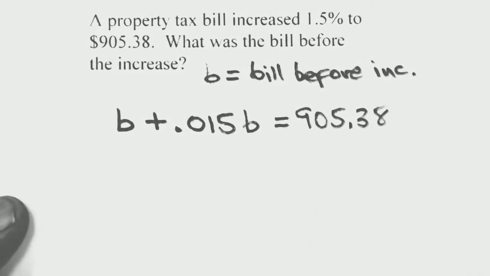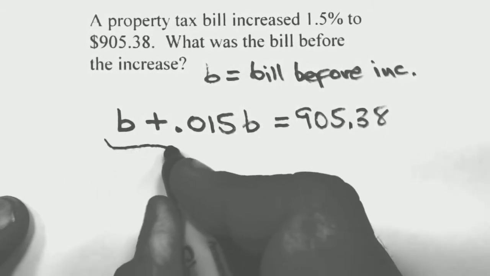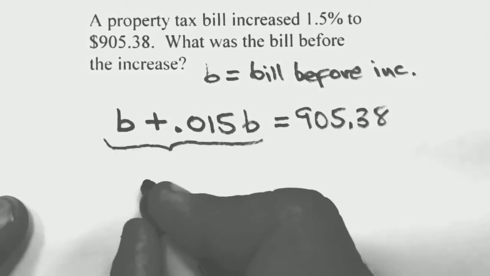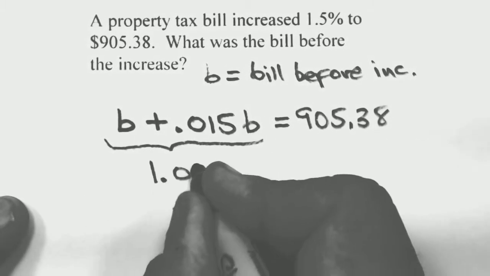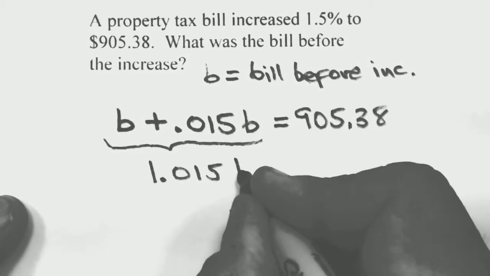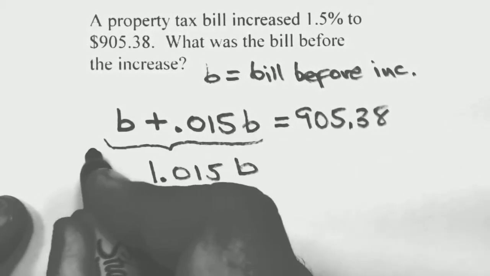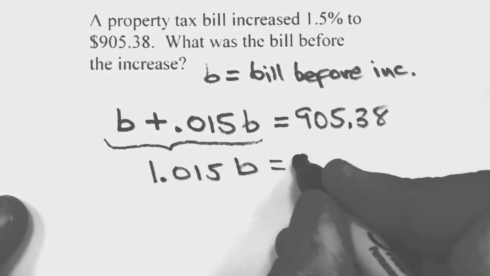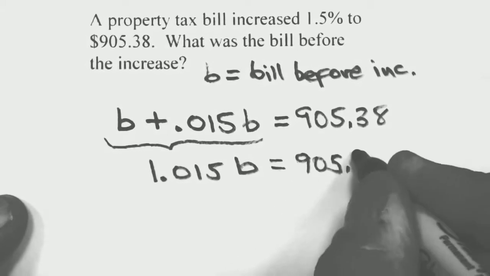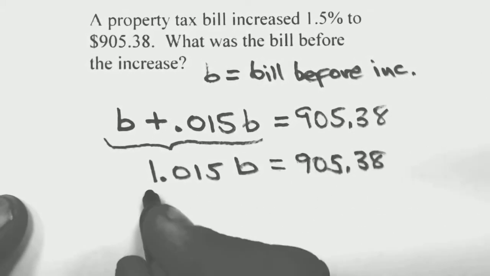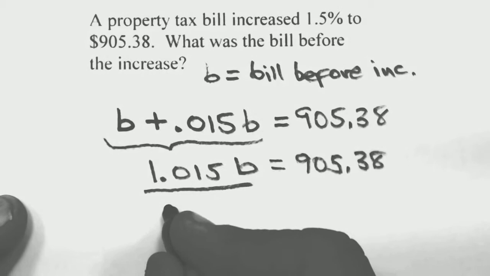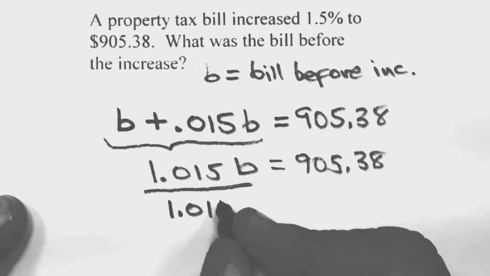905.38. Okay, well, as we've done before, what happens is we end up combining the like terms. It's positive, so I get 1.015 times B, that's combining these two B's together, equals 905.38. Well, the next thing we do is divide both sides by the 1.015.